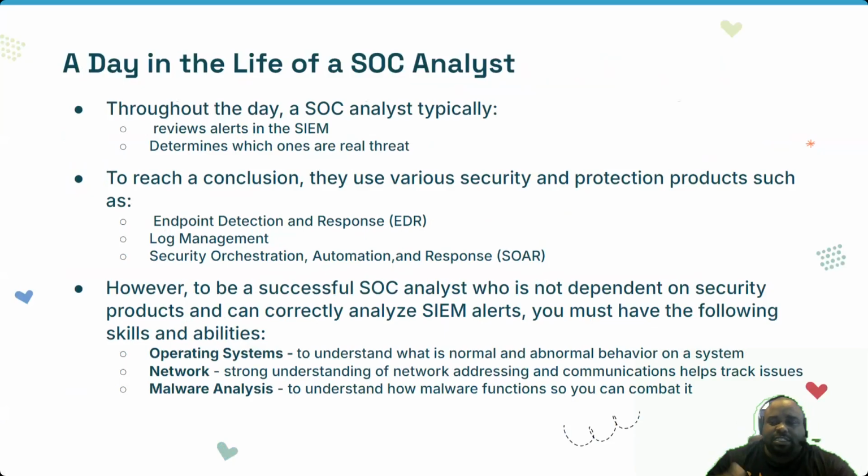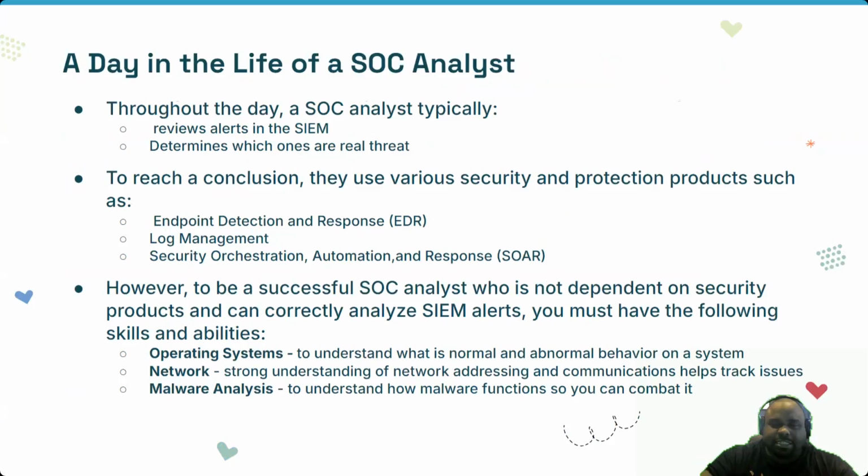A lot of the attacks that try to affect our networks, our enterprises, come from the outside. They come from networks or through network communications. So you need to have a strong understanding of network addressing and network communication protocols, so that, again, you can identify normal from abnormal.